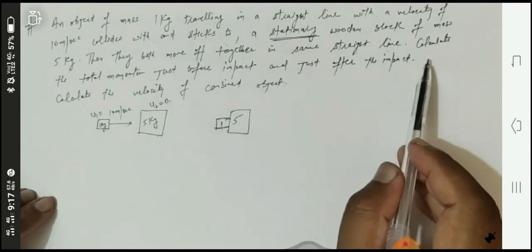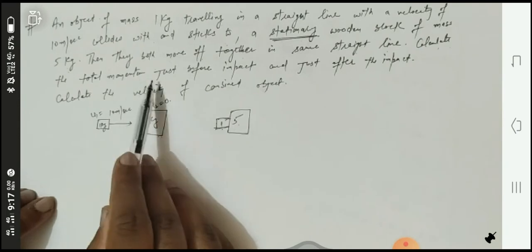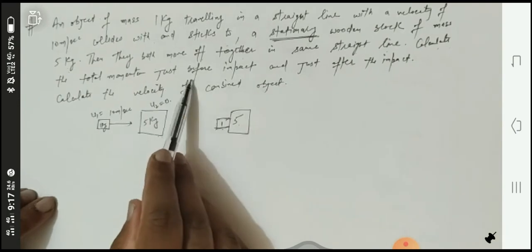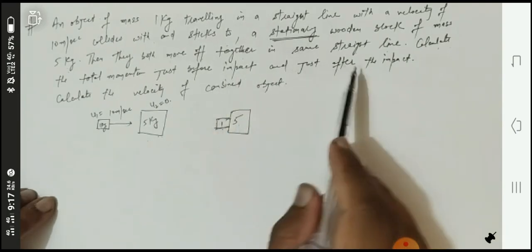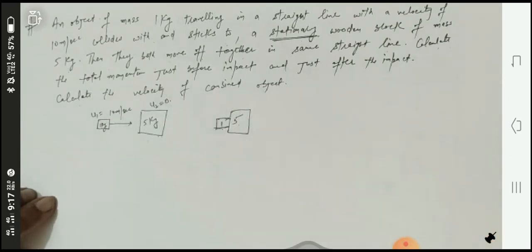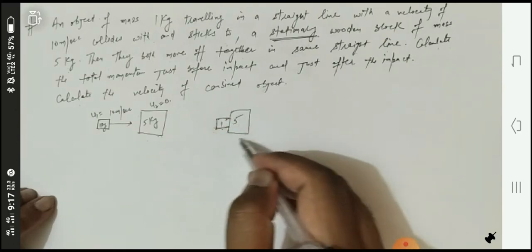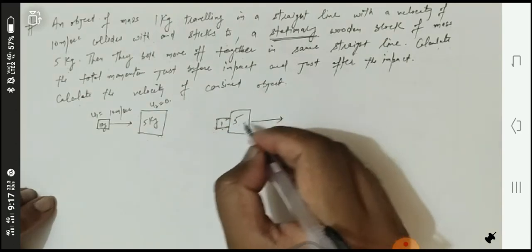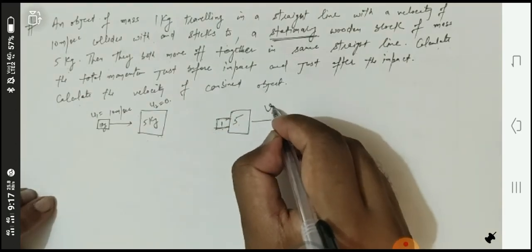So the question is, calculate the total momentum just before the impact, just after the impact, and calculate the velocity of the combined object. Means here is your combined object. Now suppose they both are moving with velocity v.